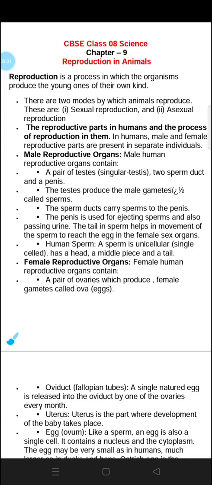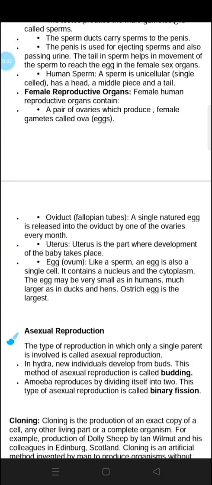Now, let's talk about the female reproductive organs. The female reproductive organs include a pair of ovaries, which produce female gametes. As in males the male gametes are called sperms, similarly female gametes are called ova or eggs. Then there is the oviduct, that is the fallopian tubes.